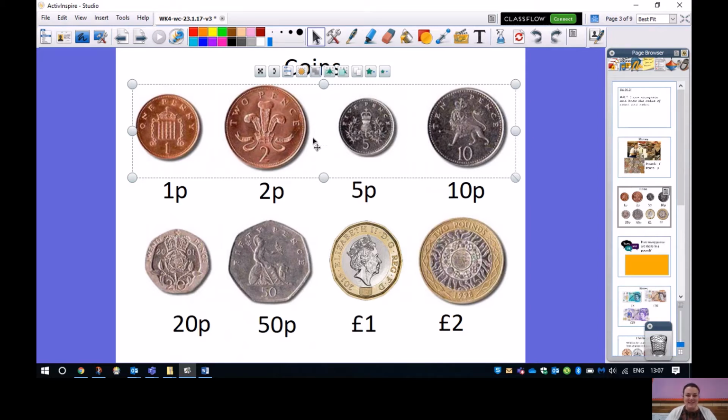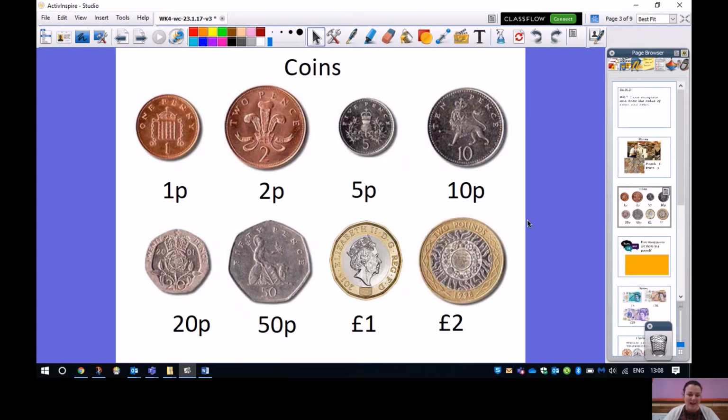We then move up to our silver coins, which are the 5p, 10p, 20p and 50p, and these coins are all less than £1. And £1 is our next coin that we're going to be looking at just here. And our final coin today is the £2 coin, which you can see in the bottom of your screen over here. Sorry about that. So these are the coins that we have available to us to use in this country.